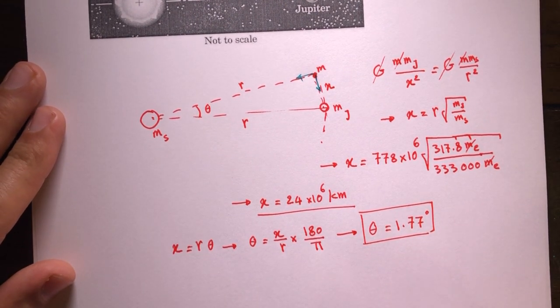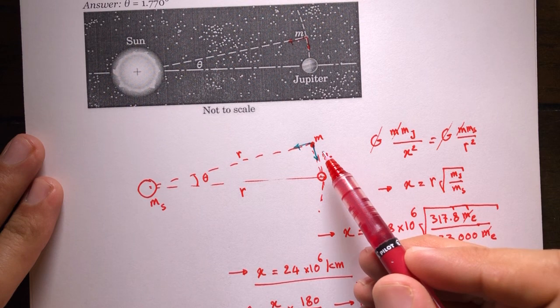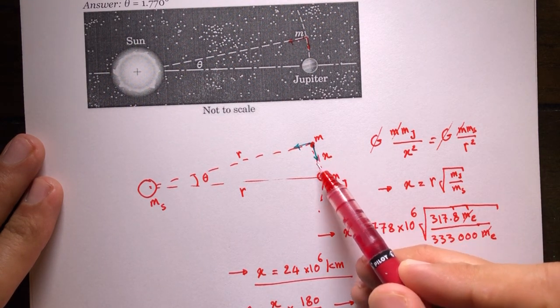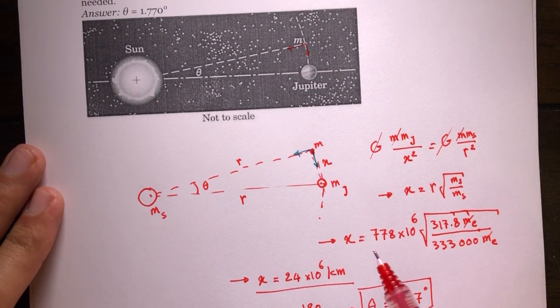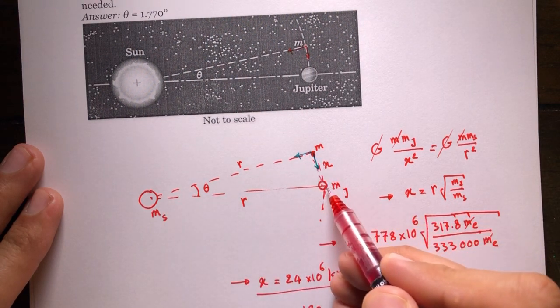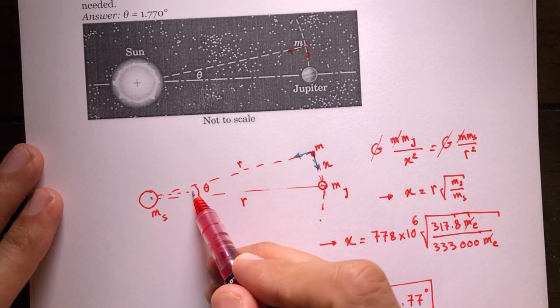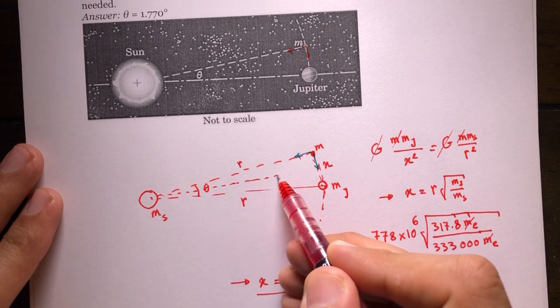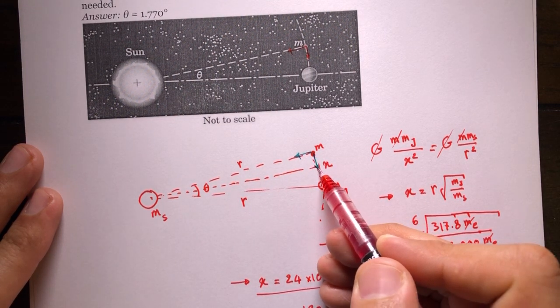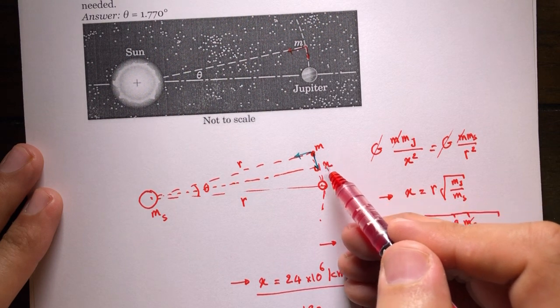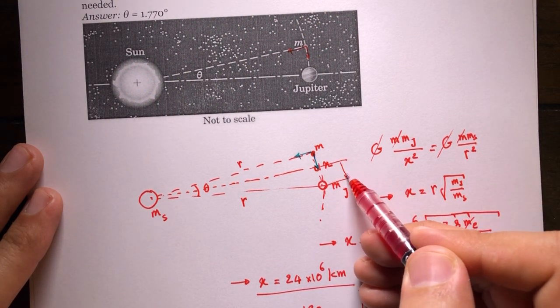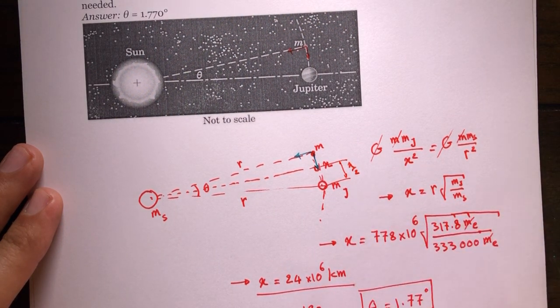The other way, if you don't trust me and say we don't know the length of the arc is equal to the distance between M and MJ, we can say if you look at this triangle, these two sides are equal to each other, right? So if I draw a perpendicular line from the sun to this line, from here to here is going to be x divided by 2, right?